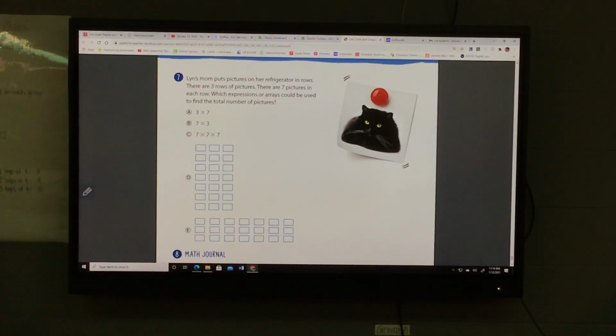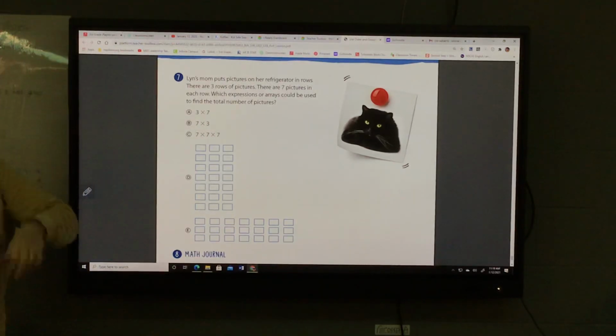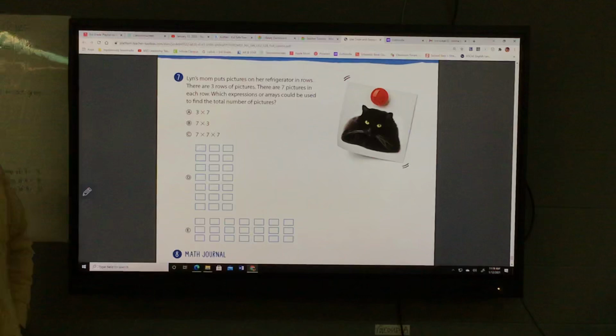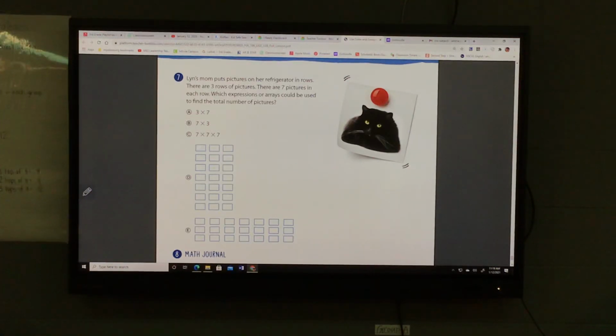There's more than one right answer here. So go ahead and decide which of those could go with the information that you were given in the problem. There's more than one right answer.